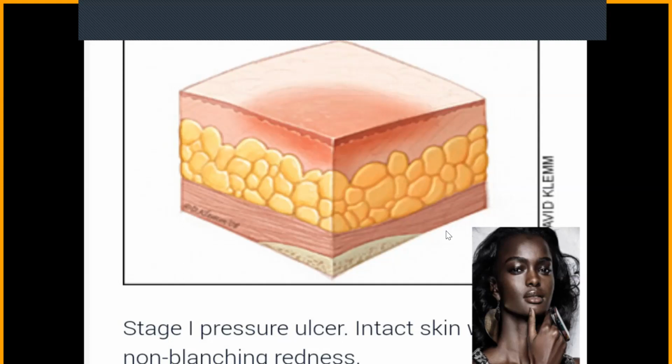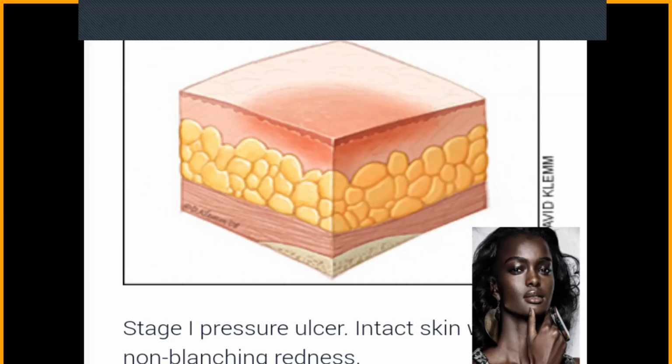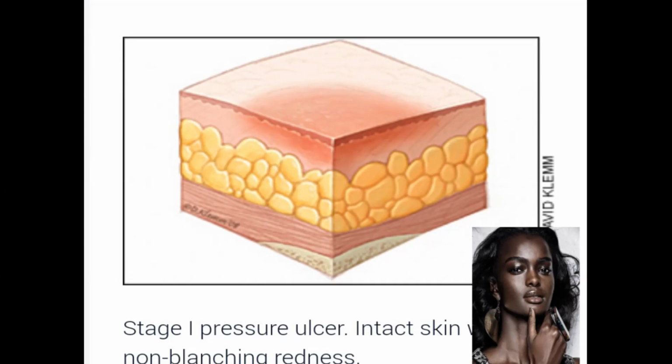So in those patients having a dark complexion, we have to regularly check the temperature of the bony prominences with a non-contact thermometer and compare it with the pressure-tolerant area, which should be similar.